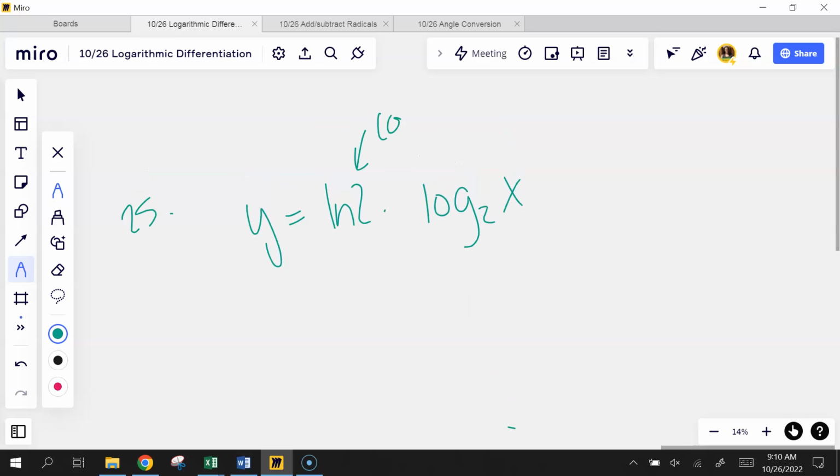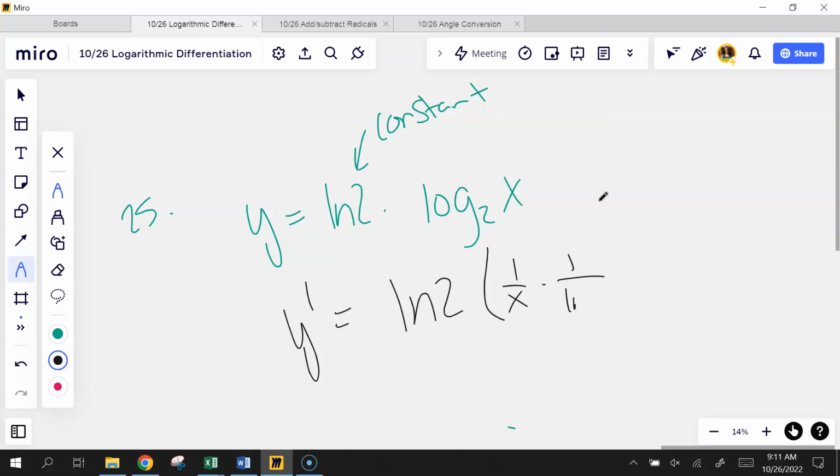There's no variable in that. So the derivative is just, remember the constant comes out front. Now I do the derivative of the log base 2 of x, which is 1 over x times 1 over natural log of 2. Wow.